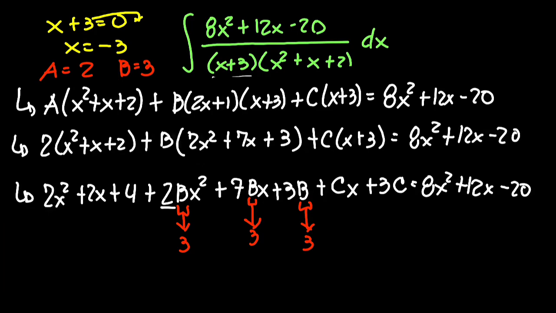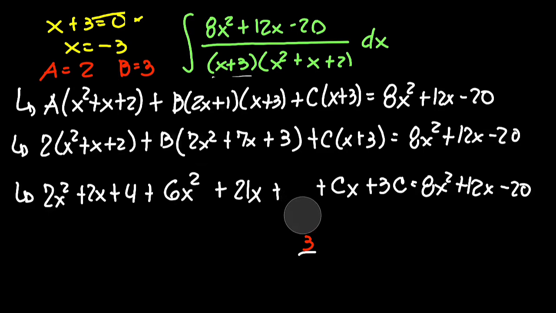And so, 2 multiplied by 3 would be 6, which makes this 6x squared. 7 multiplied by 3 would be equal to 21, which makes this equal to 21x. And 3 multiplied by 3 would be equal to 9, which makes this equal to simply 9.